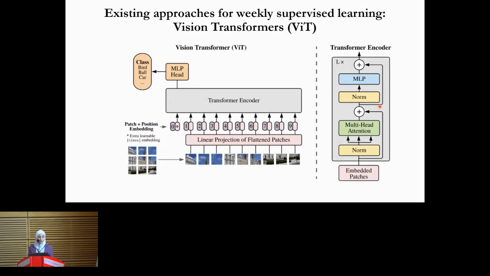There are a few approaches that have been developed, and the previous talk presented one of them, but today I'm focusing on two. There are vision transformers, which is the same technology that is used by ChatGPT. Transformers have been shown to be very effective when we have a large amount of data. Instead of a sequence of words, vision transformers take a sequence of patches.